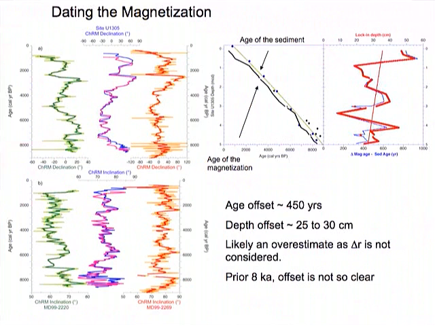That's a bit of an overestimate, I think, because we haven't taken into account reservoir corrections in the North Atlantic for the age of the sediment. But it's in the ballpark, and I think it's really not continuous, because we don't see that sort of large-scale offset lower down in the record. So it really depends on the type of sediment, but it's something we're understanding and something we can hopefully correct for.